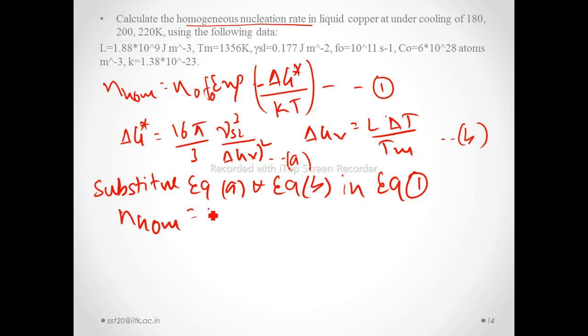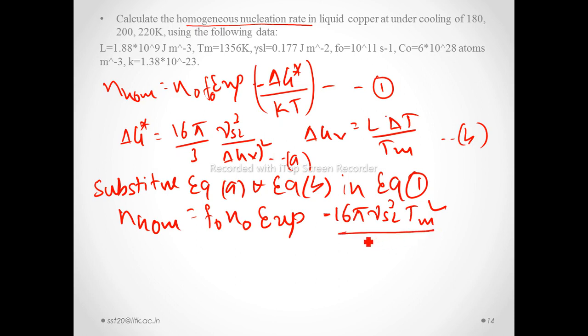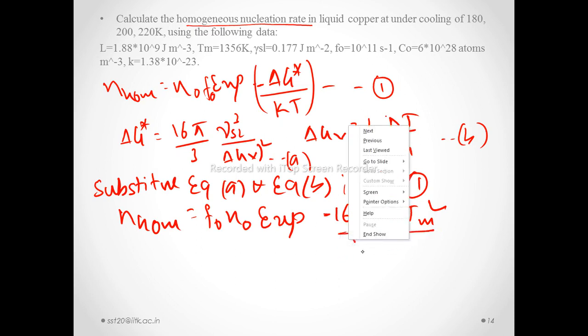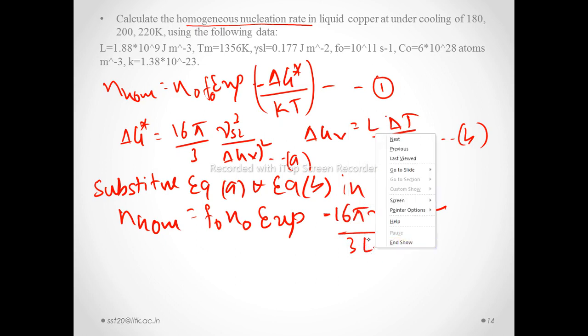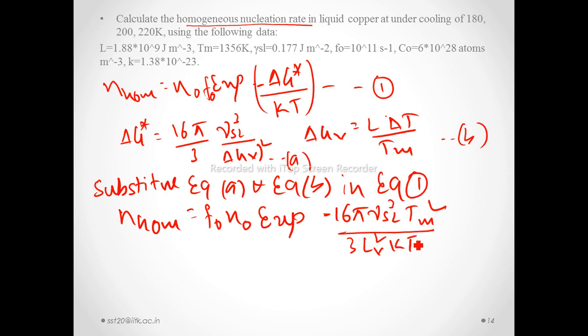Then we will get n homo as equals to F naught into n naught exponential of minus 16 pi gamma of SL whole cube Tm square divided by 3 into LV square into KT.